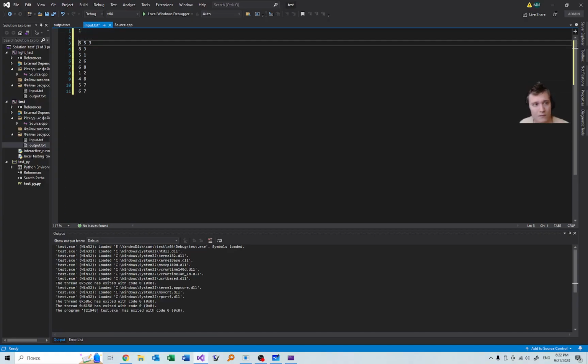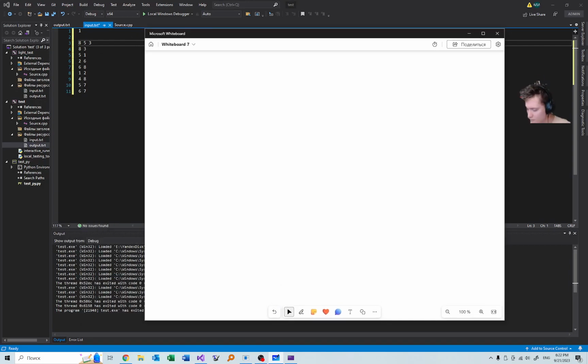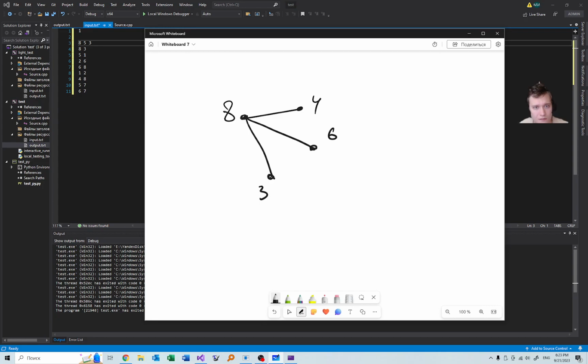We are going to need to draw this graph, I believe. So here we have 8, 3, 4, 6, 2, 1, 5, seven, 6.